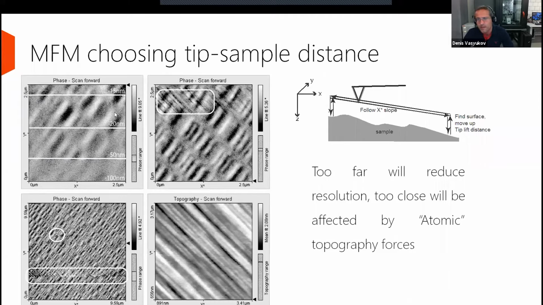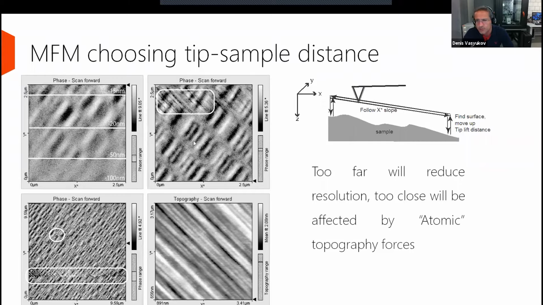And what happens if you measure too close to the sample? In fact, you don't gain much magnetic signal, but you start having a contribution from the topography. That is the topography image in the bottom right tile.